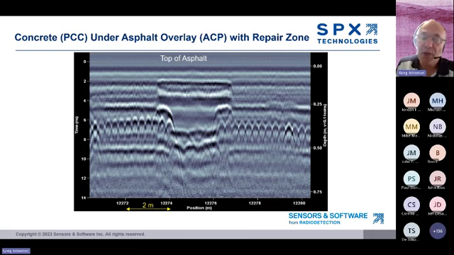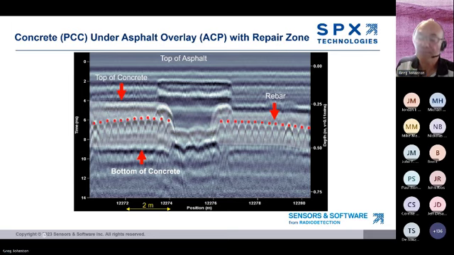The reflector above the rebar responses is probably the asphalt-concrete interface, or the top of concrete. The reflector below the rebar responses is probably the bottom of concrete. Everything between those surfaces is the concrete slab. Now, everything above the concrete is asphalt.